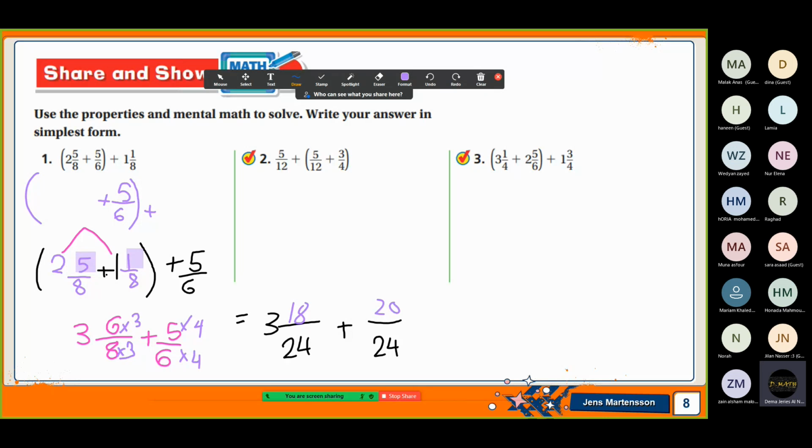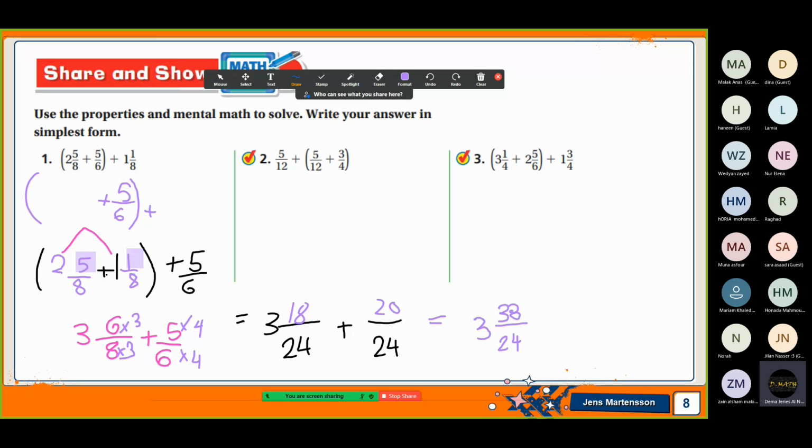And 6 times 4? 24. Now the next step, I will add them together because we have like denominators. 18 plus 20 is 38. And the whole number will be 3.